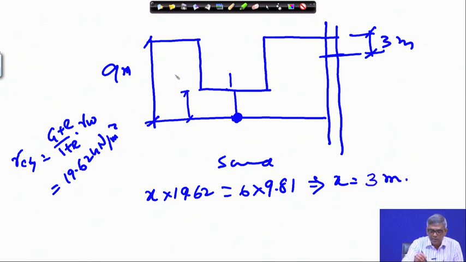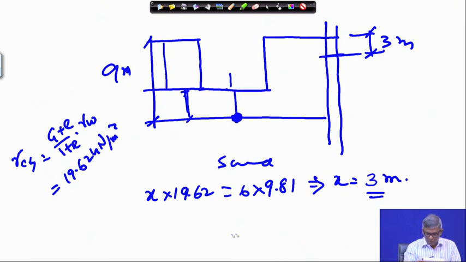Out of 9 meter, if this is 3 meter, that means we can go up to 6 meter of excavation without any danger, but it is on the verge of danger actually. We are considering equilibrium, upward and downward force just equal, which is the verge of danger, but slightly less than that we can go safely. That means up to 6 meter depth we can do excavation with that condition.